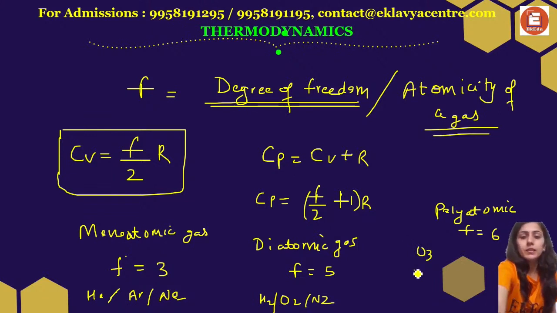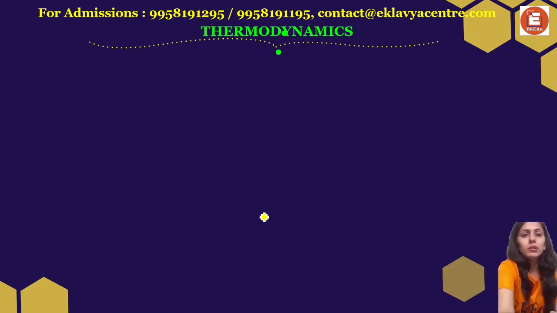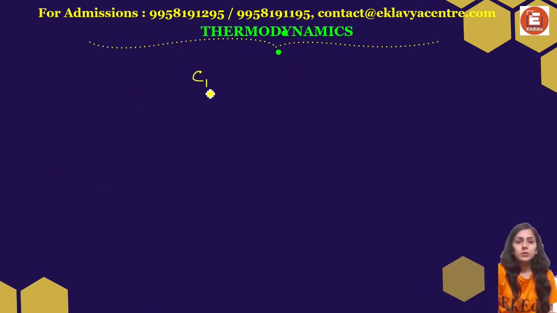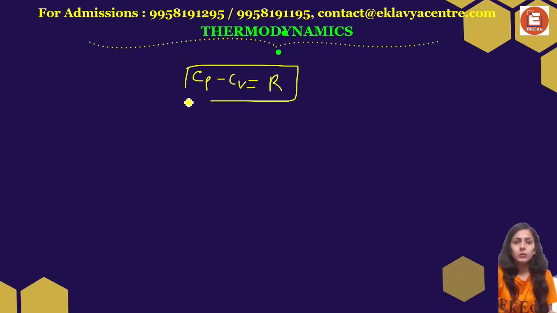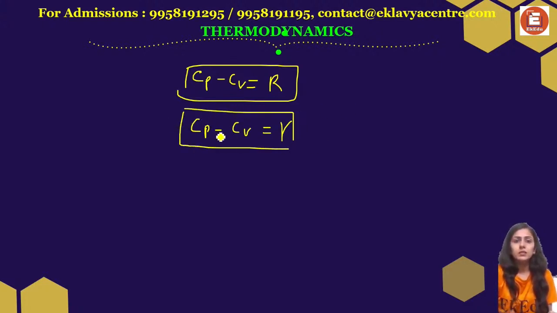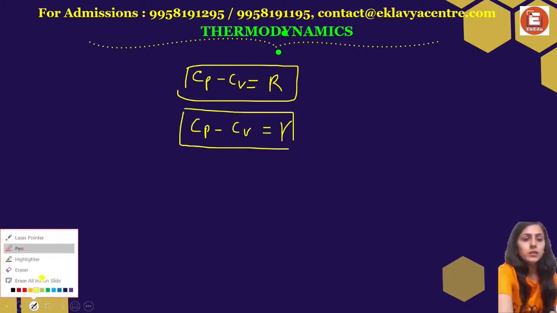Next, let's summarize this in tabular form. Cp minus Cv is equal to R. This is one relation that you have to remember. Another relation you have to remember is Cp upon Cv is equal to gamma.